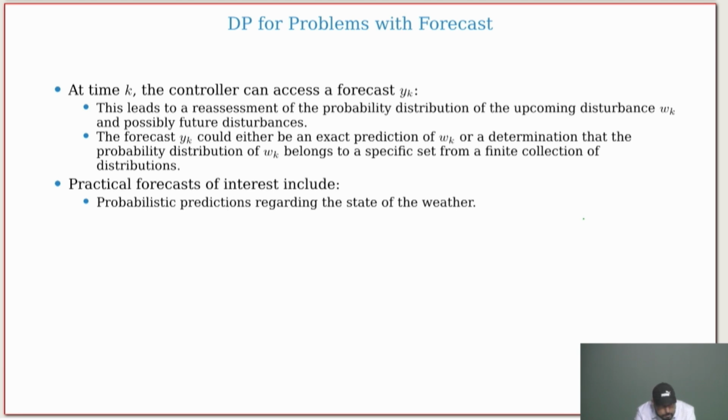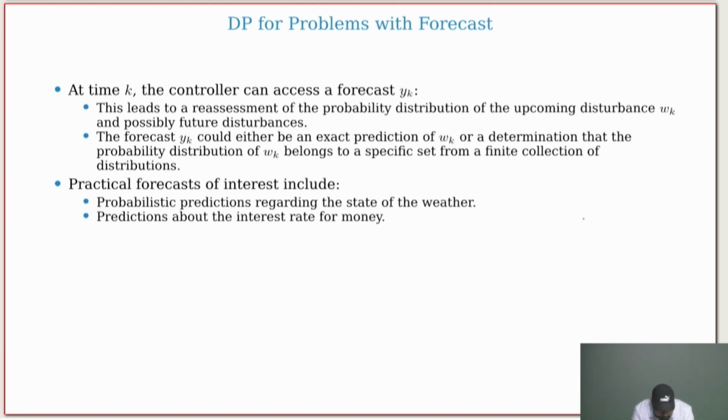Now if this forecast is such that the probability of rain in the forenoon is 90% and probability of rain in the afternoon is 10%, then certainly it has a consequence on my control, whether I should go and play in the forenoon or in the afternoon. So forecast is helping you decide your control or the actions that you're going to take.